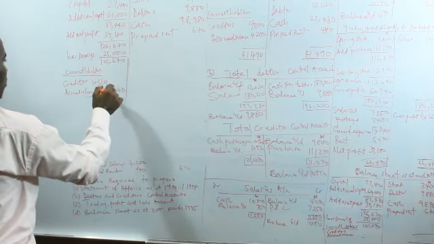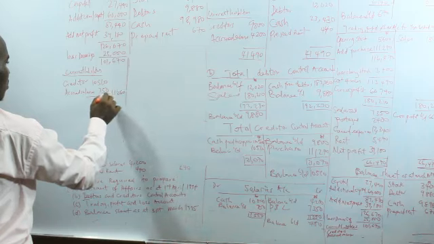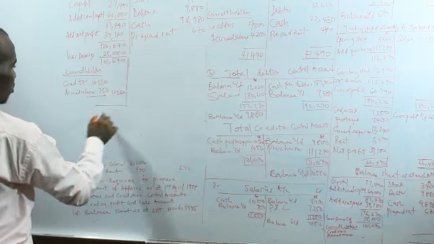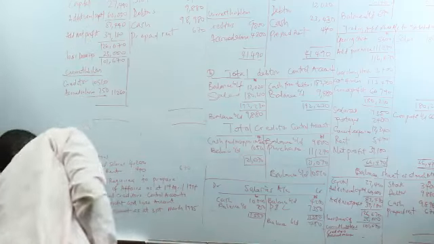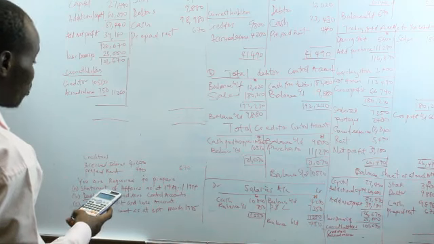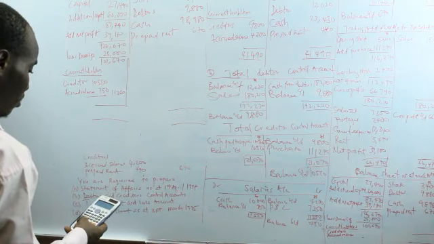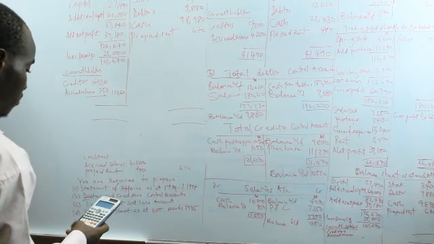So when we add that to that, we have 3,400 plus 9,880 plus 98,980 plus 670.